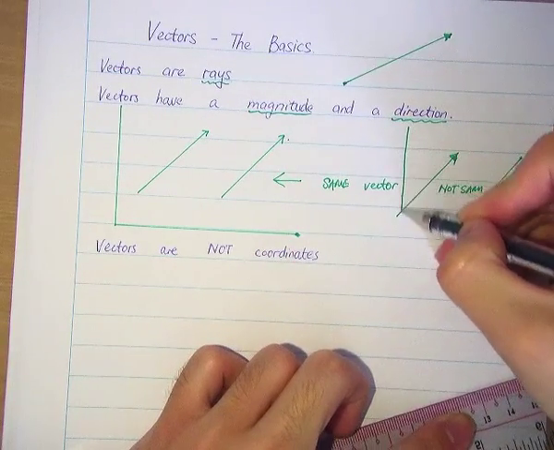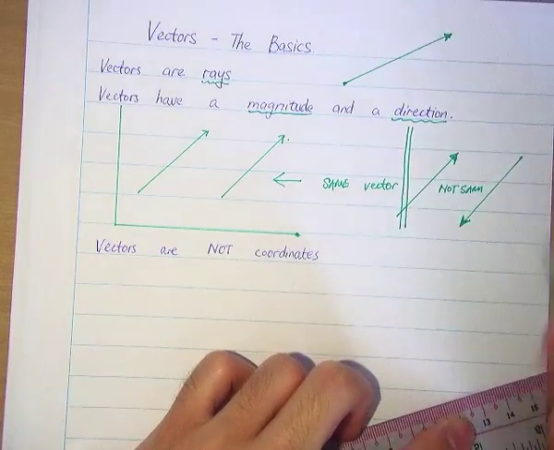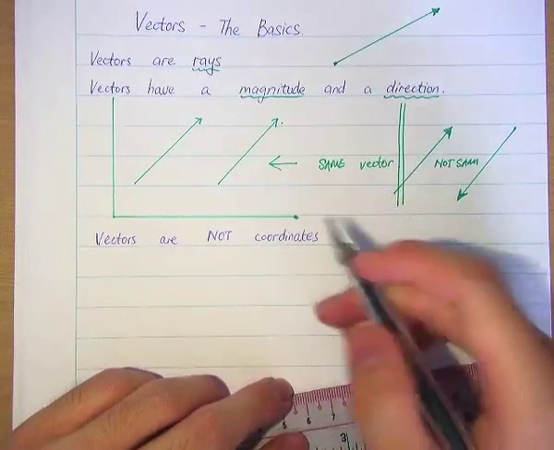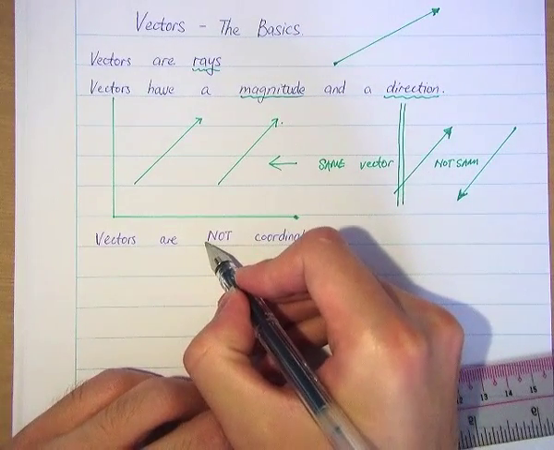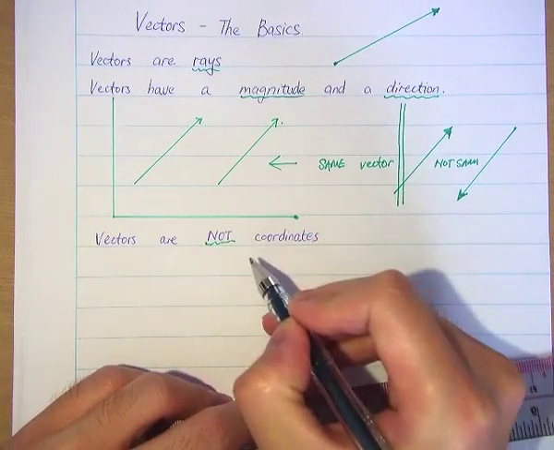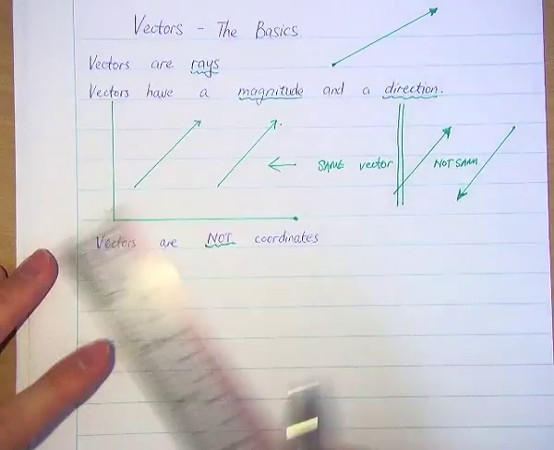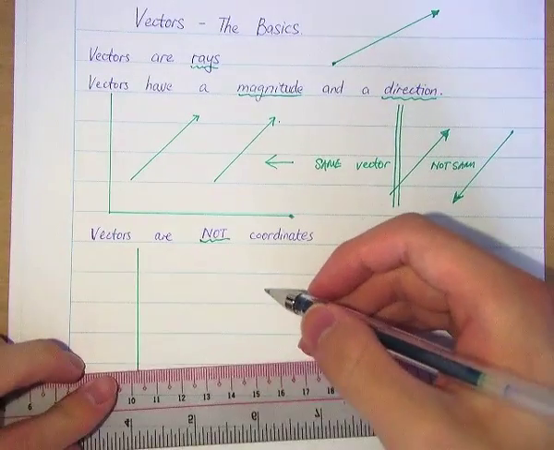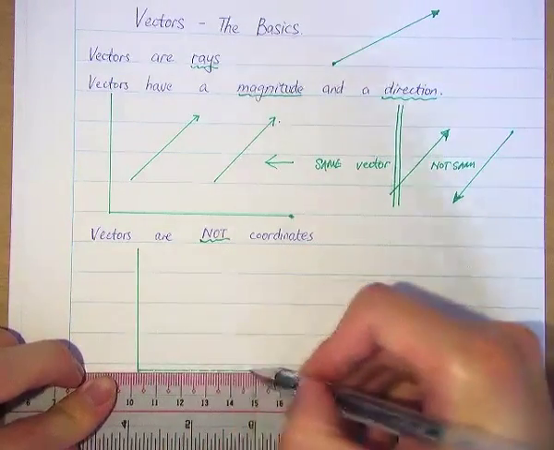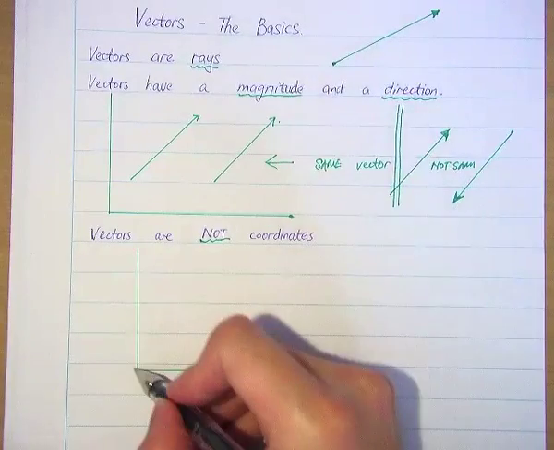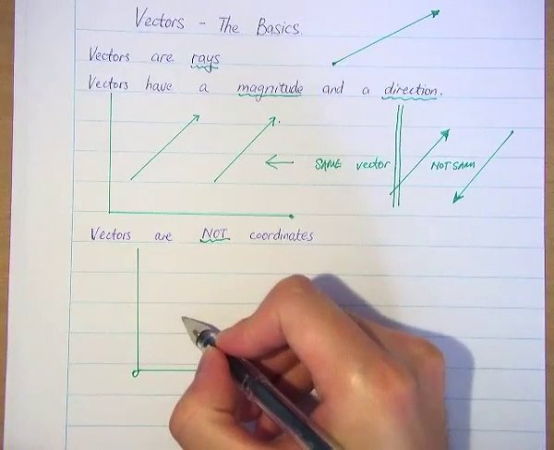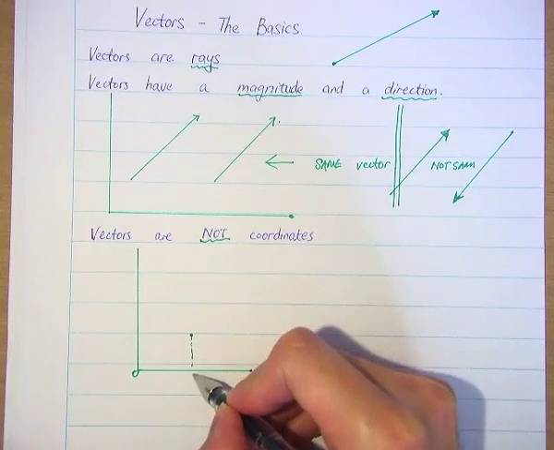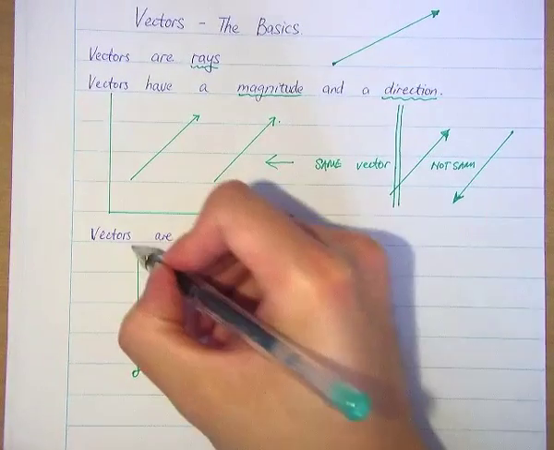So let me just divide this page up. Okay. Now the most important thing to realize for vectors when applied to the Argand diagram for the complex numbers is that they're not coordinates. If I introduce to you a vector that goes from the origin, represented by the number 0, to the point, let's say, represented by the complex number 3 plus 2i, like so.